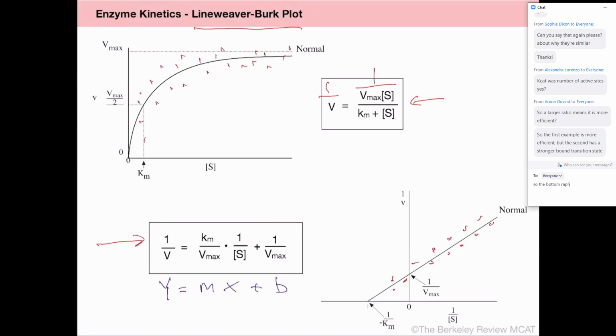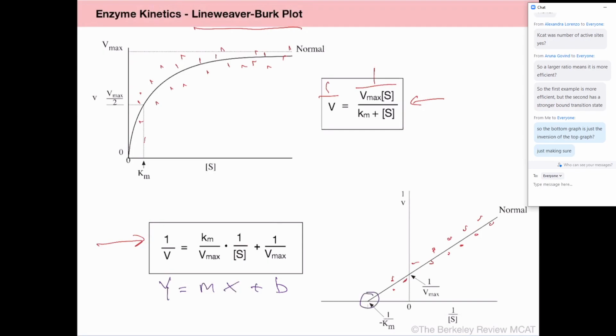Okay. And so why this is so useful is because where this line intercepts the x-axis and the y-axis gives us our Km and our Vmax, right? This means negative 1 over Km, and this means 1 over Vmax, right? Which is really easy to just convert back to your Vmax and your Km. Okay. Are you guys following this so far?